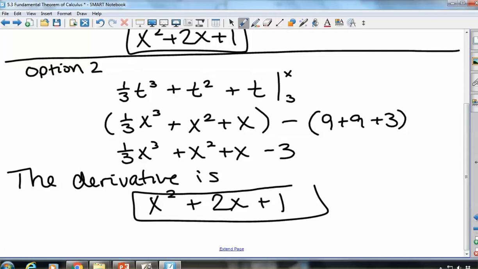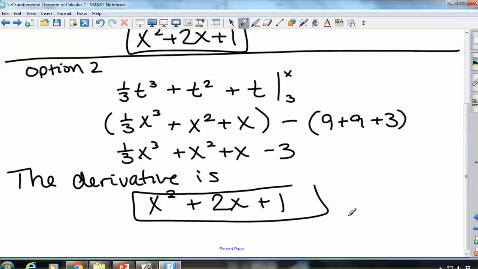Just like we got before by the fundamental theorem. It has to do with the fact that when you evaluate it, the antiderivative and derivative are just going to undo each other. When you go to evaluate, your t's are going to become x's. The constant will give you a number, but when you do the derivative of that number, it will turn into 0. That's why this works out.